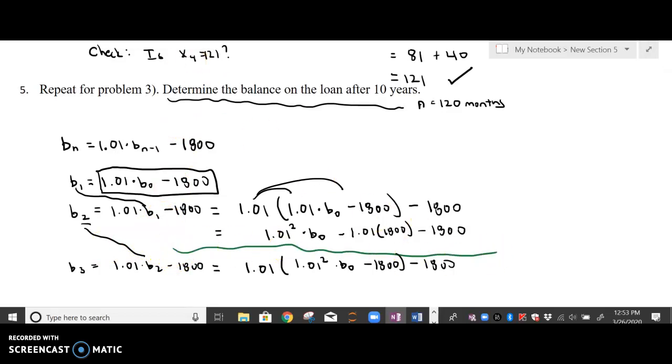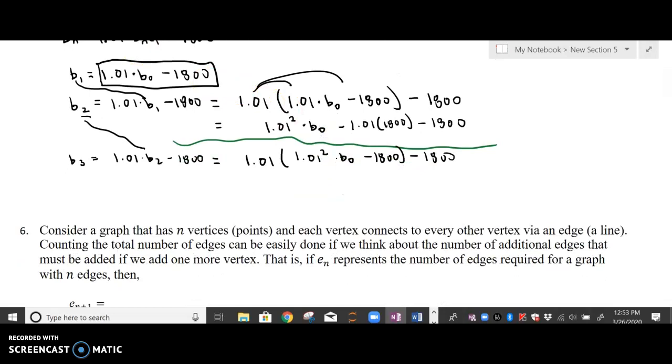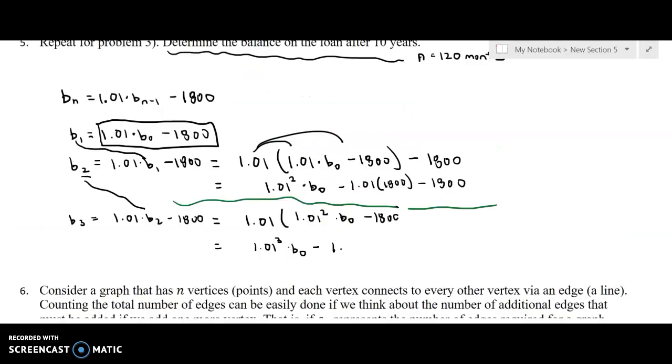Okay, so now we need to do that distribution again, and we will have 1.01 cubed times B naught minus, I always seem to forget terms here. Let's back up a second. This should actually be 1.01 minus 1.01 times 1,800. So I just didn't do a good job copying down.